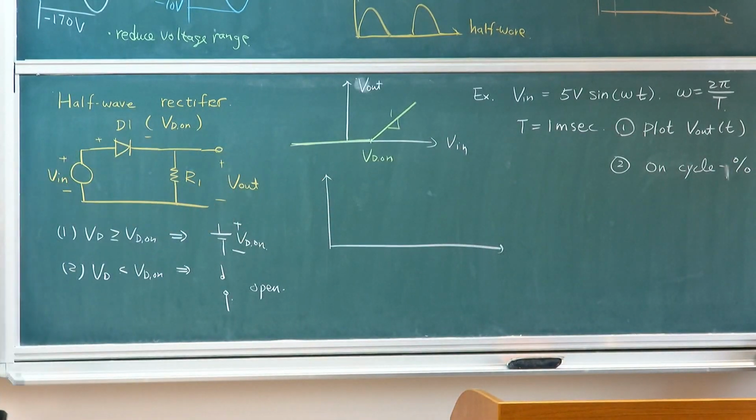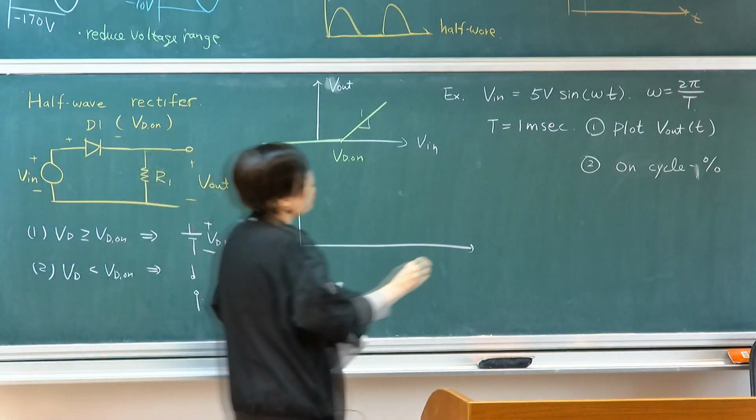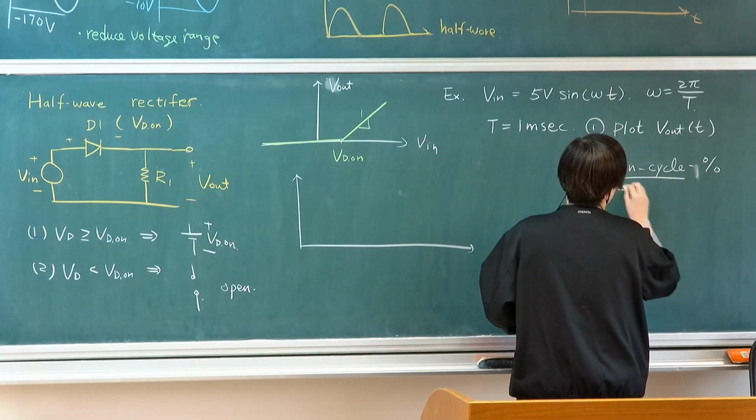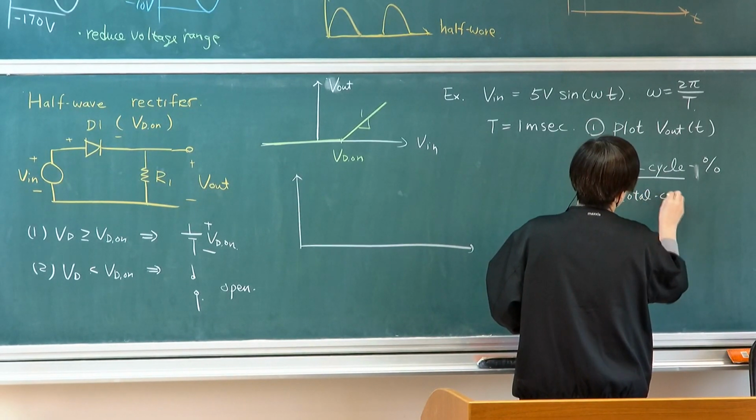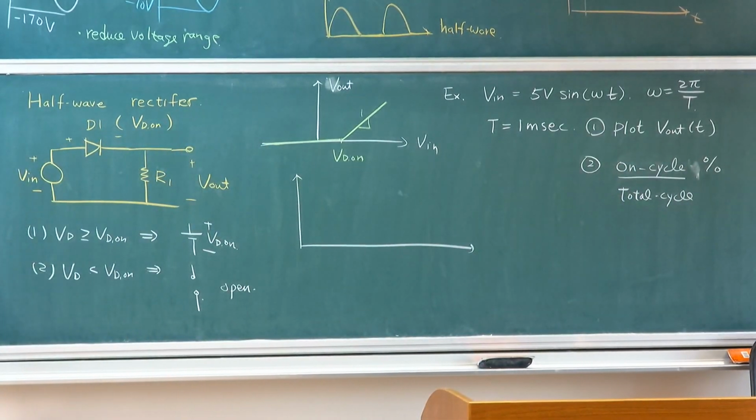So we want to know, during this whole period of 1 millisecond, what are the percentage of time that the diode is on? So it will be the on cycle over the total cycle. Total ratio. I want to know how much time it is on. It should be less than 50, we know, but how precisely is this? It will depend on the voltage, I should say the peak voltage of the signal. So let's do that exercise.